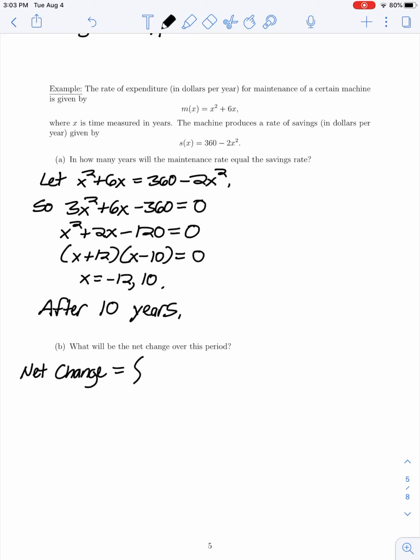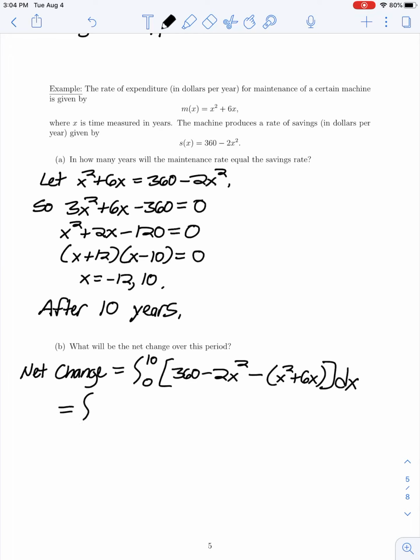So we know that the total savings would be the integral over our time period from 0 to 10 of the savings function, which was 360 minus 2x squared. And then we subtract the total expenditure, which would be the definite integral from 0 to 10 of our expenditure rate function, which was x squared plus 6x. So this amounts to finding the area between those two curves.